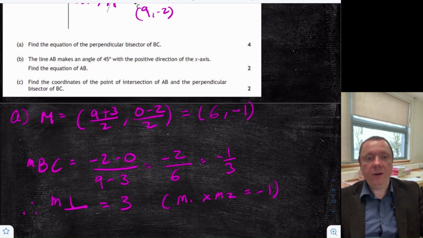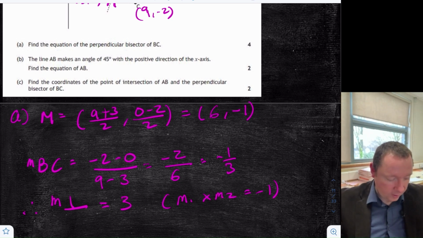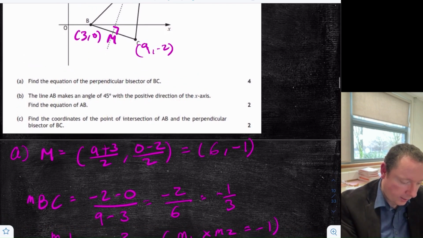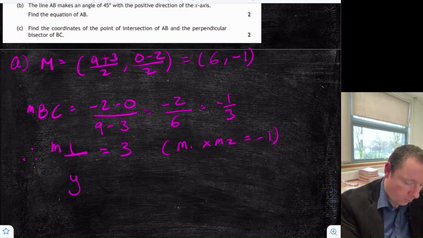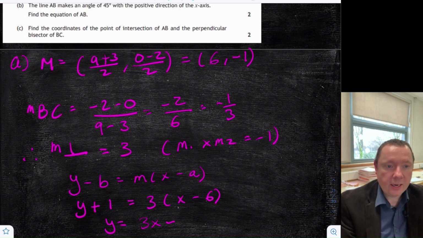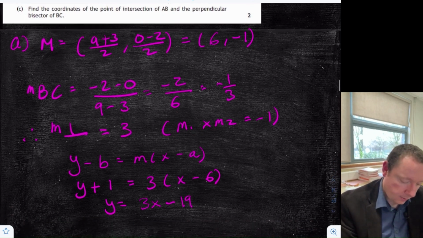And we've got a mark there for getting the gradient of BC, then our perpendicular gradient, and then finally to get our equation of a straight line, using our midpoint, y minus b equals m(x minus a): y plus 1 is 3x minus 6, or y equals 3x minus 18, take away 1 is minus 19 for our final mark.